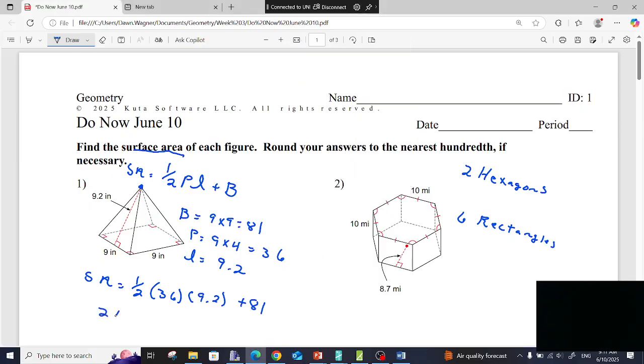So that'd be 246.6 inches squared, and that's surface area.